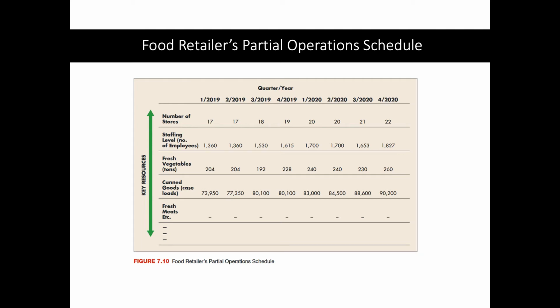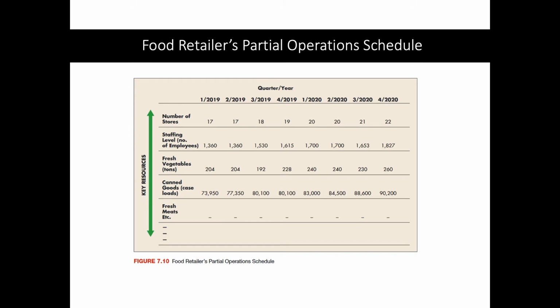You can see here their operation schedule is based upon the number of stores, and therefore in a grocery store, a food retailer, what is the number of staff needed, and therefore from there you'll also drive down to what?